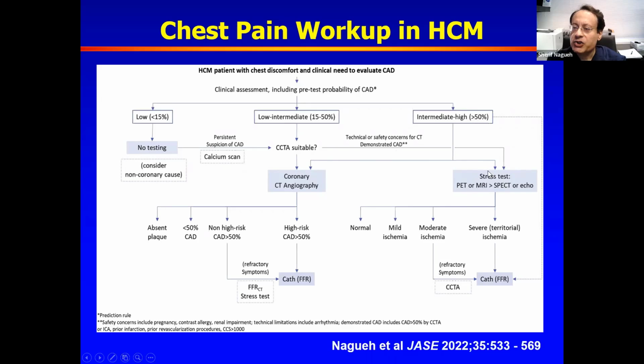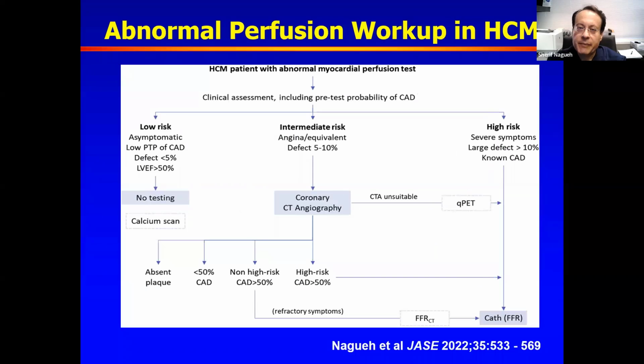In these cases, functional testing is a reasonable approach, preferably PET or CMR versus SPECT or echocardiography in that setting, assuming no contraindications to the CMR. And depending on the findings, again, either medical treatment or, if needed, coronary angiography, going after large epicardial vessels.